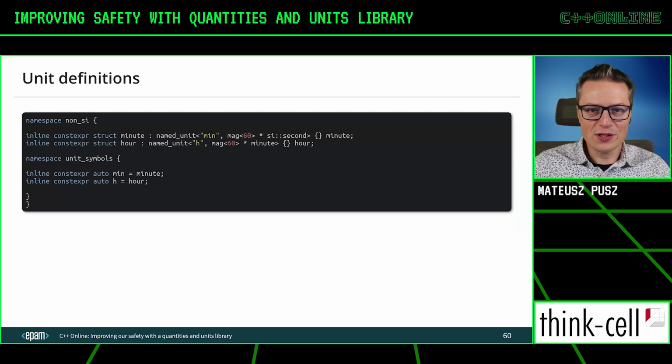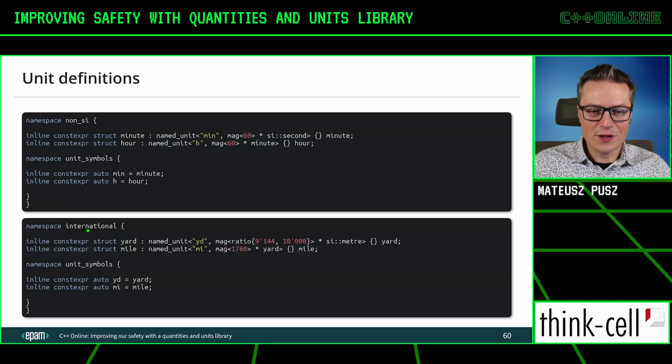Also, we have additional units for minute and hour that are scaled versions of seconds or scaled versions of minutes. Or we have the international system with international yard and pound units, where we specify that yard is this ratio of meter, and then mile is 1760 yards, defined here.